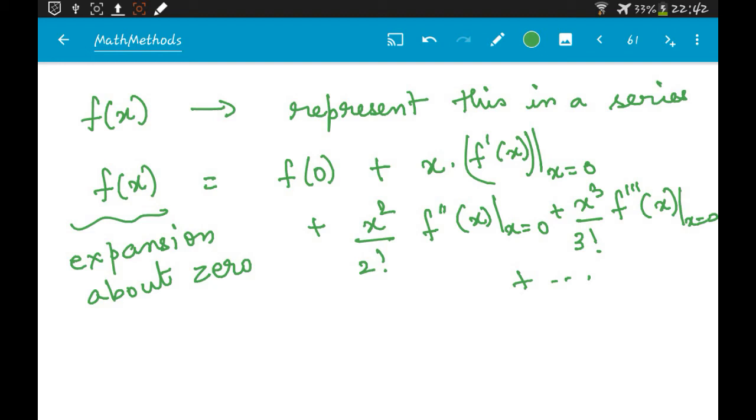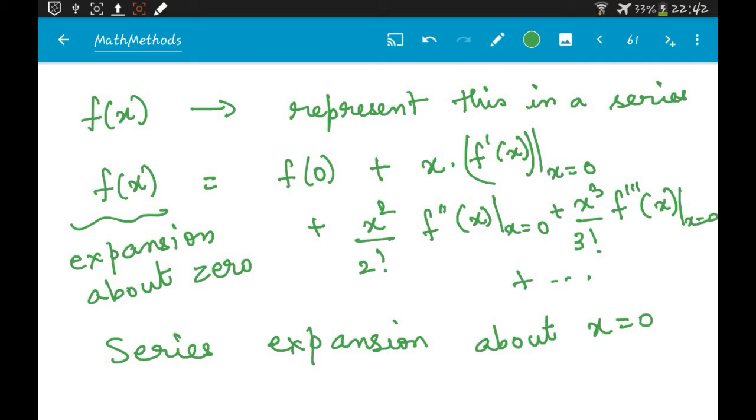So this kind of series expansion about x equal to 0 is known as Maclaurin series. Okay, it's called a Maclaurin series or a Maclaurin series expansion.